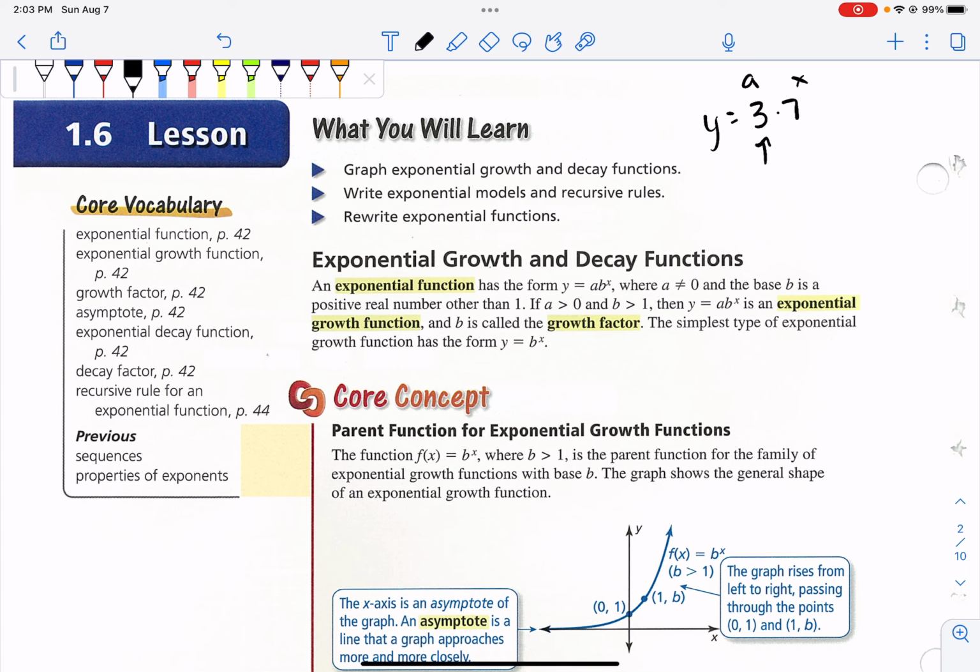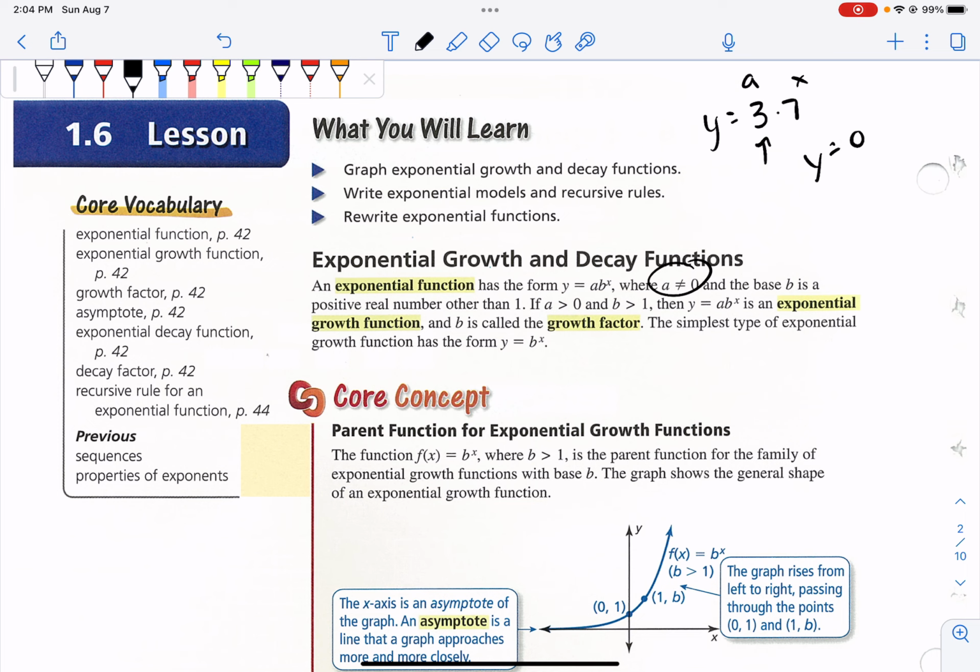If it's 0, then the entire function turns into y equals 0. So that's why it says a cannot be 0. And then it says the base b is a positive real number other than 1. Okay, and I'll show you an example here in a little while why it can't just be 1.